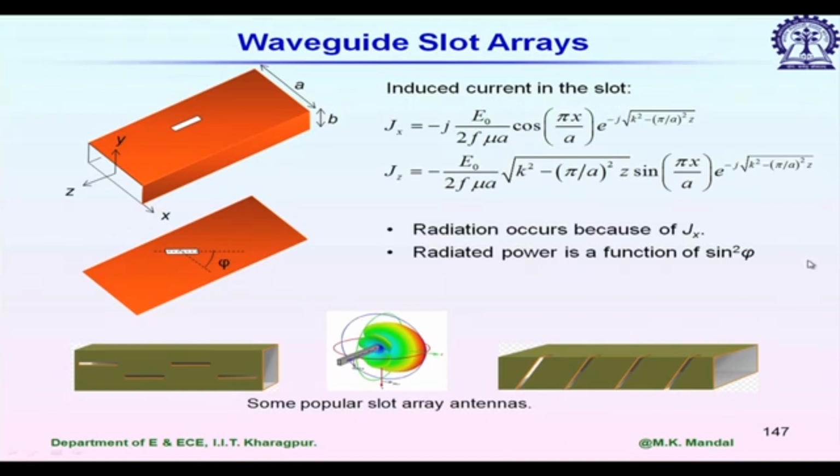Another example, this is a slot antenna in rectangular waveguide. Already we know that rectangular waveguide provides minimum loss, and it also has the highest power handling capability. So, for many defense applications and space applications, people are still using rectangular waveguide, and we do not have any other alternative at millimeter wave frequencies even in the near future.